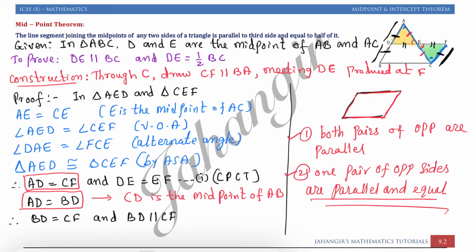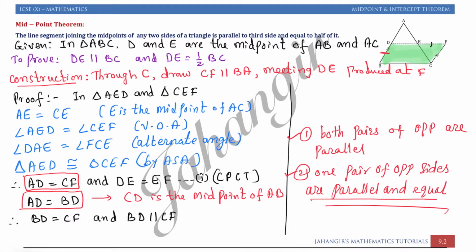Let me erase all this part and I will draw a parallelogram for you. Just note down these 2 points that will help you throughout the chapter. Now this will become a parallelogram, the one which we are drawing with green shade, because its opposite sides are parallel and equal.